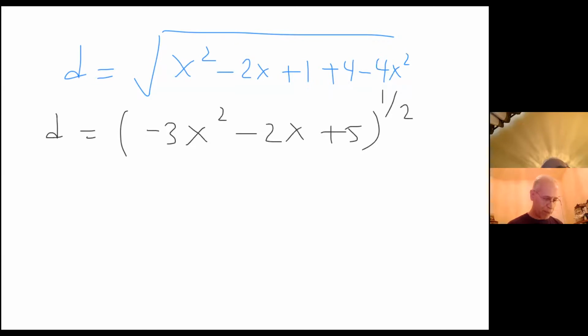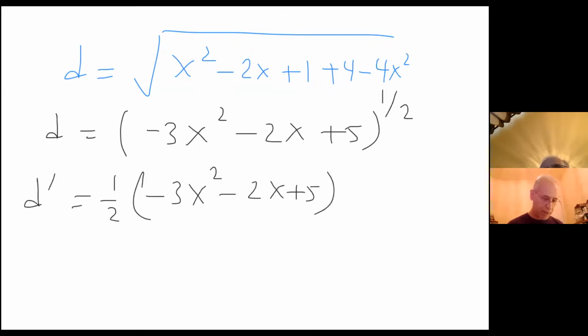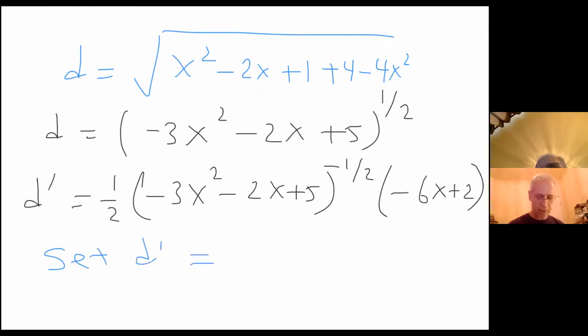So d prime equals 1/2 times (negative 3x squared minus 2x plus 5) to the negative 1/2, times (negative 6x minus 2). Now I set d prime equal to 0, because we want to find the critical point.